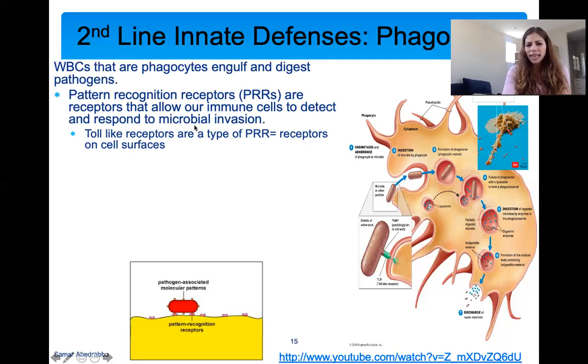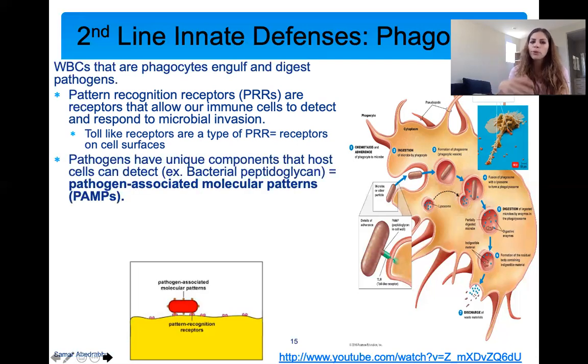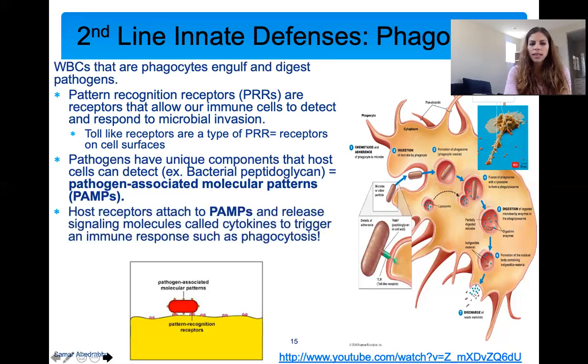One type of pattern recognition receptor is the toll-like receptor. I put this out there in case you are reading the textbook or see this again in the future. A lot of studies are being done on toll-like receptors. They're the receptors on your own cells that recognize foreign components on different pathogens. So pathogens have unique components, and your host cell receptors attach to the PAMPs and release signaling molecules. Signaling molecules are called cytokines, and these cytokines trigger some sort of immune response, such as phagocytosis.